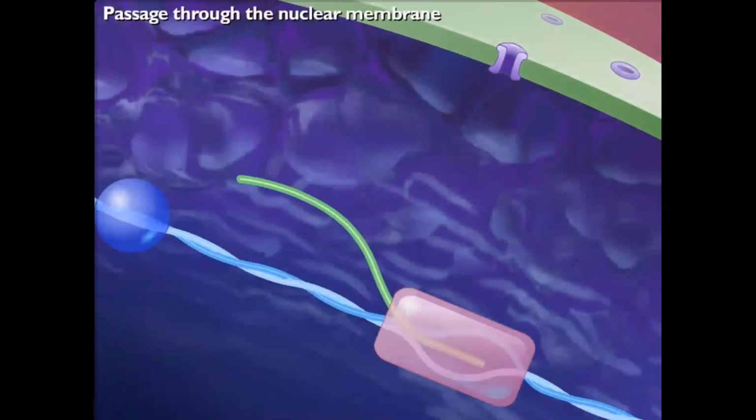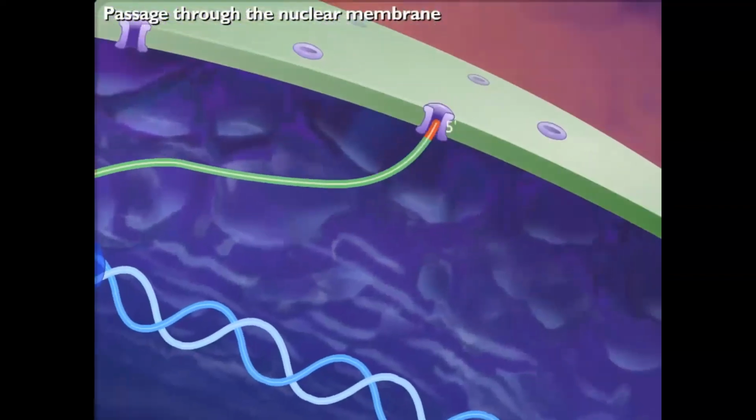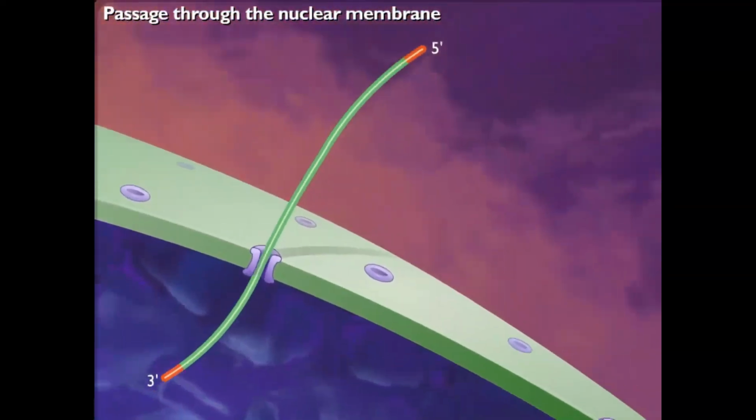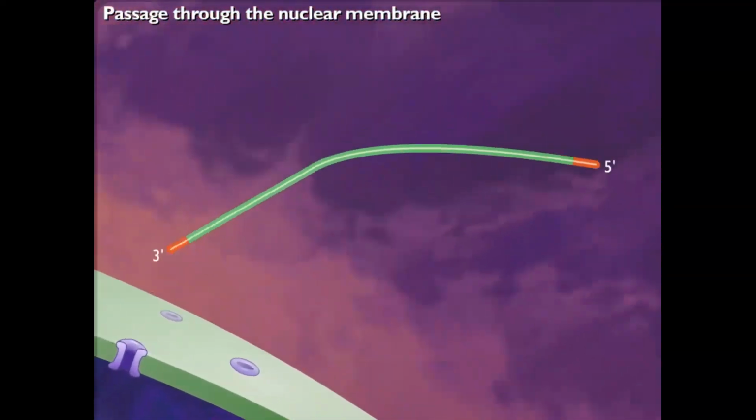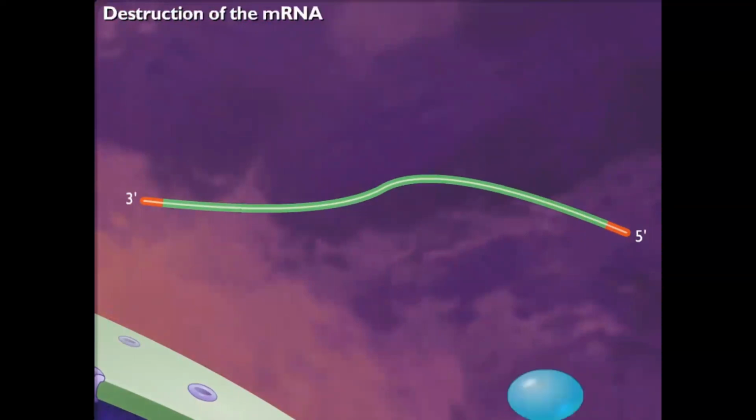Gene expression can also be regulated by controlling mRNA's access to or the efficiency of transport channels in the nuclear membrane. The passage of the transcript across the nuclear membrane is an active process that requires mRNA to be recognized by receptors lining the interior of the pores. Many enzymes degrade messenger RNA.